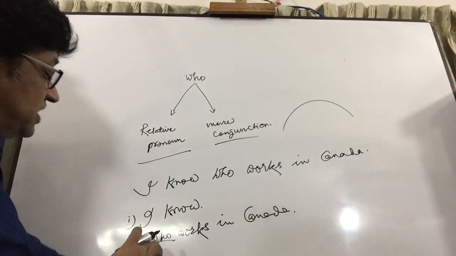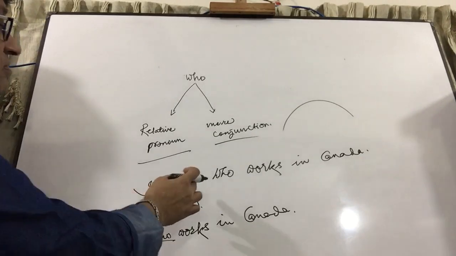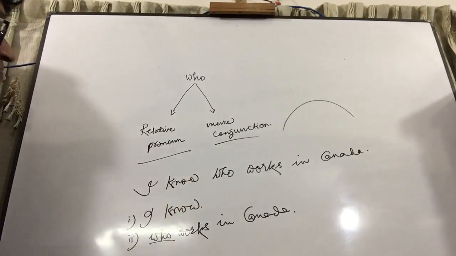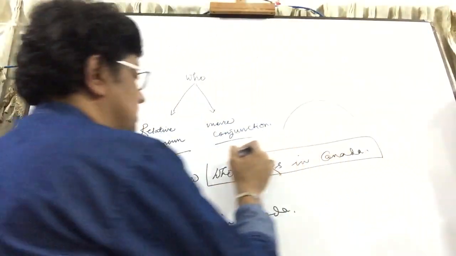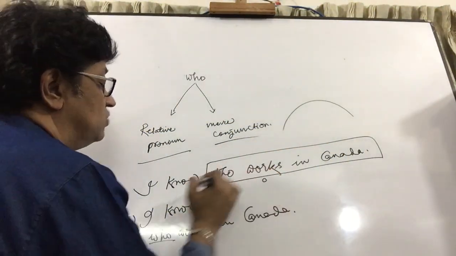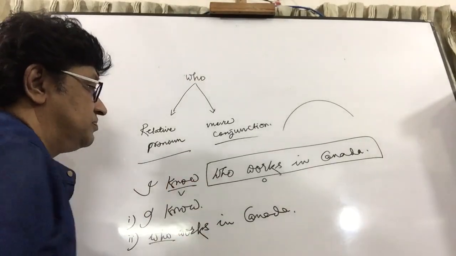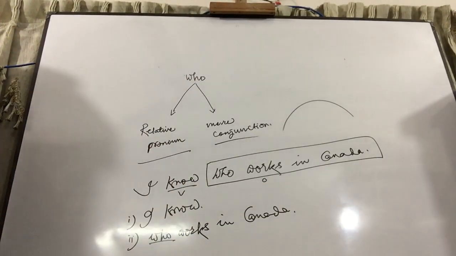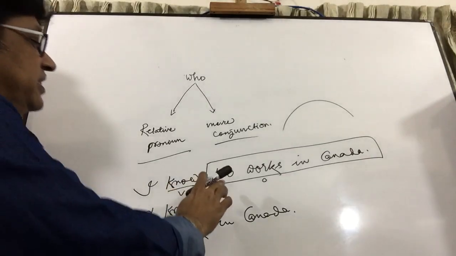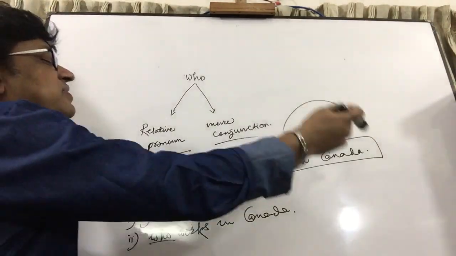Here, who doesn't show any noun that is placed before it. The whole thing is used as the object to the verb know. You cannot split this sentence into two simple sentences. If you make it simple, then who comes here? Who works in Canada?